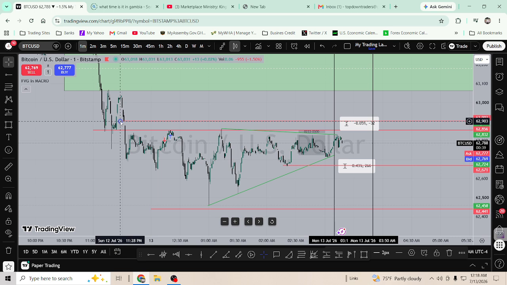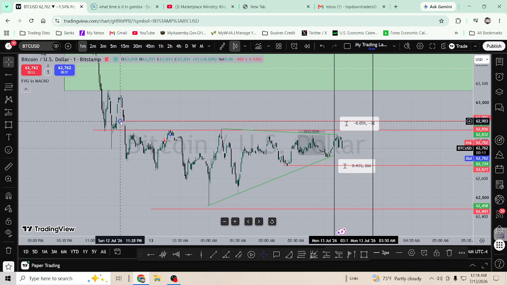Usually when it tries to rebalance over there, there's a BISI and a SIBI trying to rebalance. That's the top of my zone, 62,903. That's a good top because that's the top of the liquidity void. But we may not hit that until after 3:50.